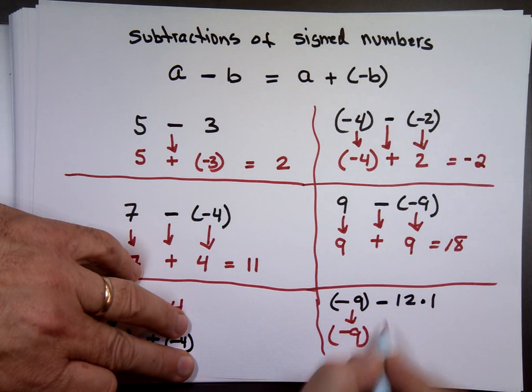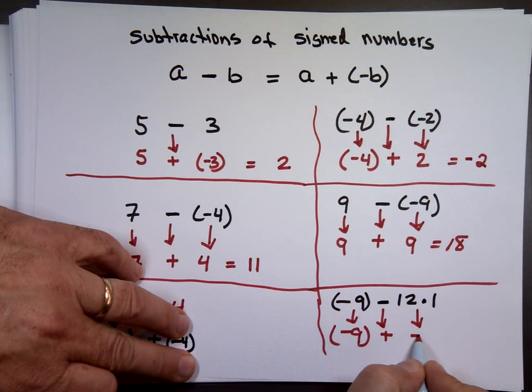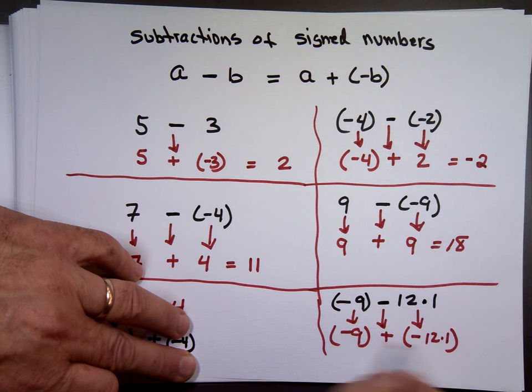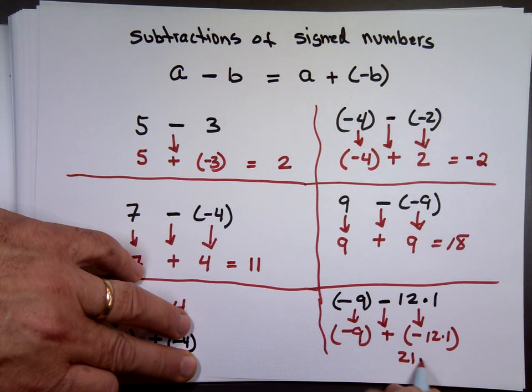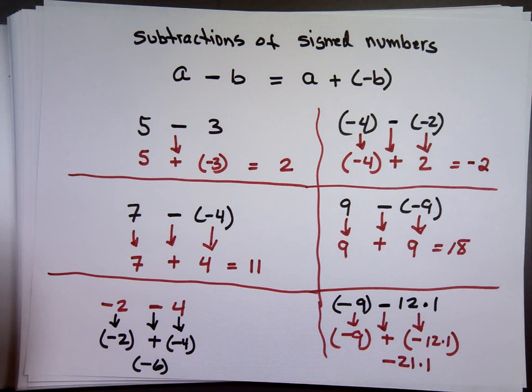This becomes plus, and this number becomes what? Negative 12.1. The two numbers have the same sign. You add them. Is that 21.1? Negative. And the sign will be the same. Keep the sign. Negative 21.1.